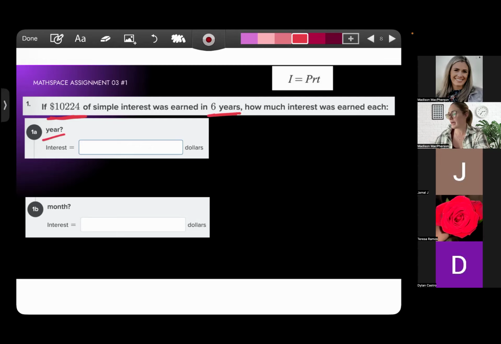So we're just going to take that 10,224 and divide it by the number of years, which is 6. Go ahead and plug that into your calculator. Let me know what you get.